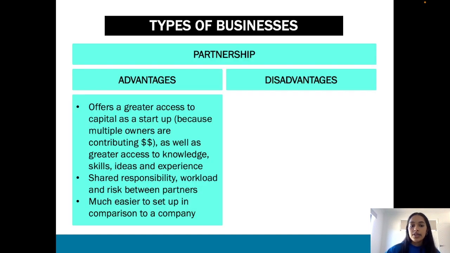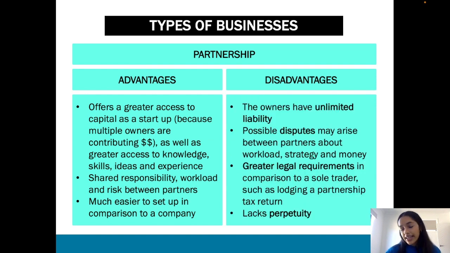All right, partnership. So again, offers a great access to capital as a startup. Since there's multiple owners now in a partnership, so there's more than one, there's more capital that they can pull off of. So there's not only more capital, but there's also greater access to knowledge, skills, ideas, and experience.